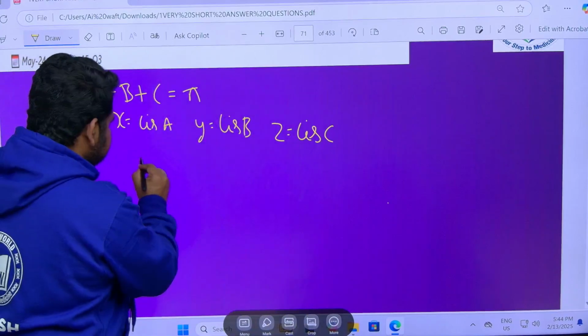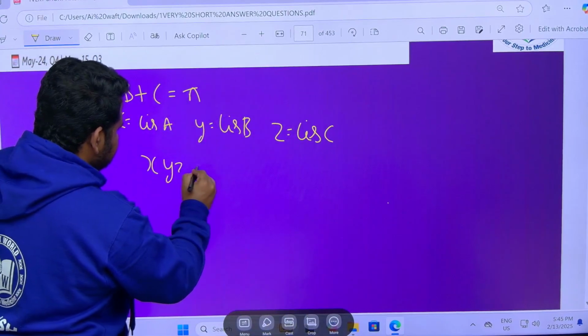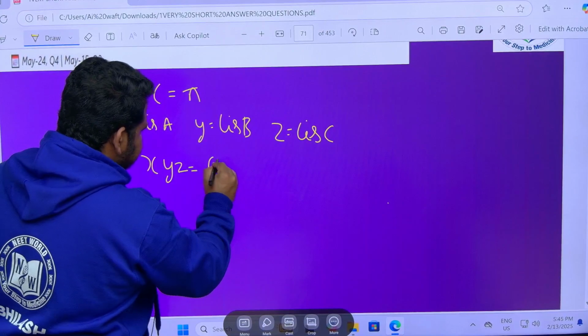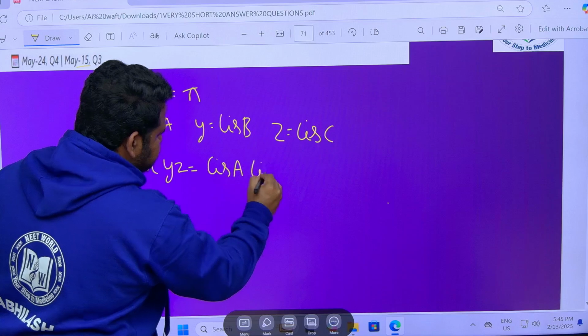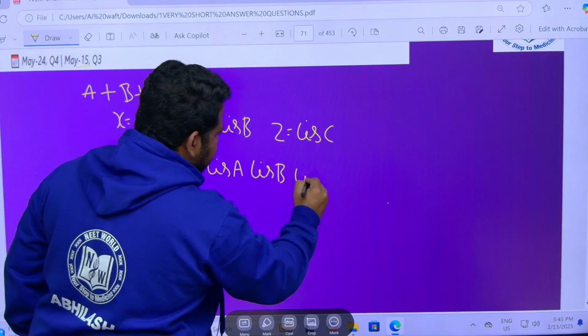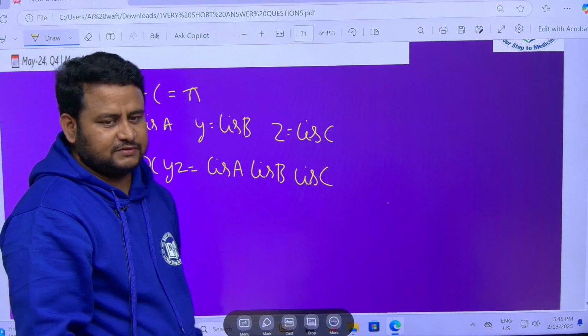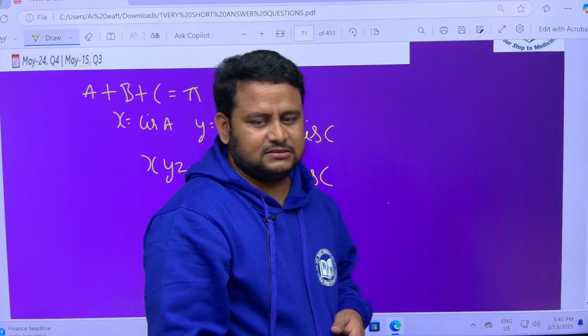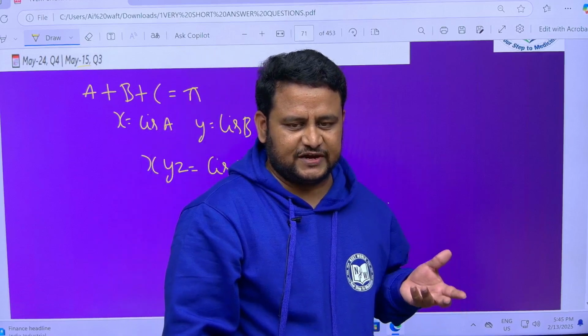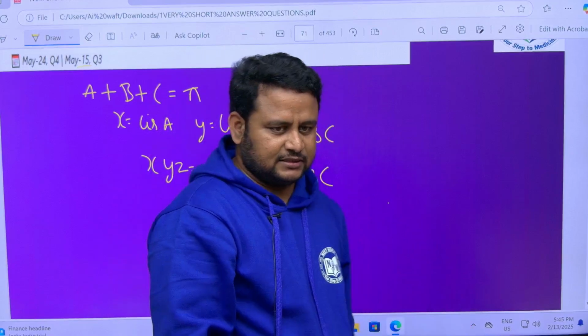So xyz is nothing but cis A, cis B and cis C. But I told you in properties that cis theta into cis phi is equal to cis theta plus phi. The angles get added.